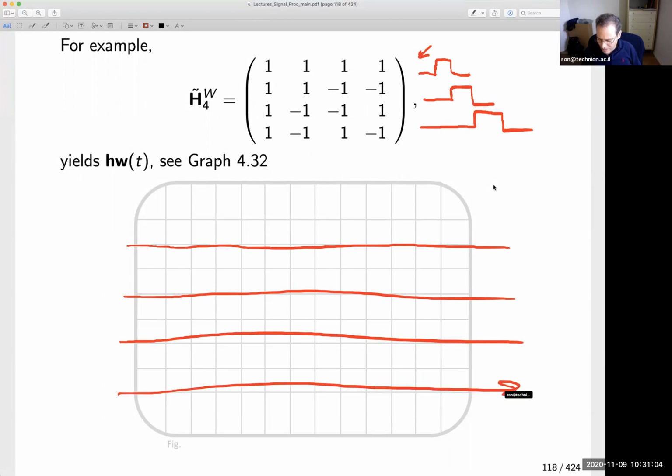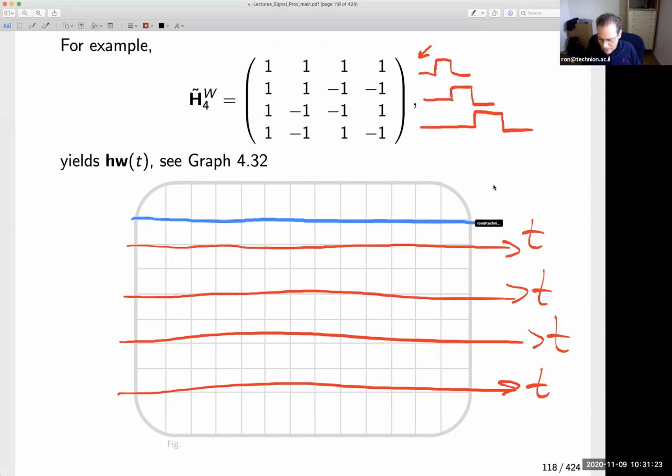This would be my time axis for the different Walsh-Hadamard functions that I'm looking for. The first one between 0 and 1 would look like a constant function. The second one would look like a constant function until the center, and then it would be -1.